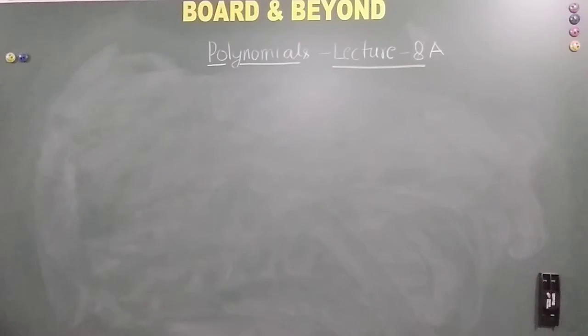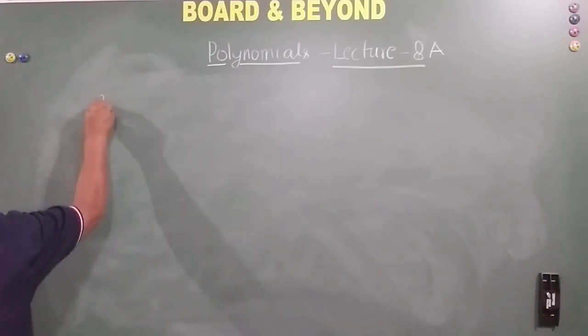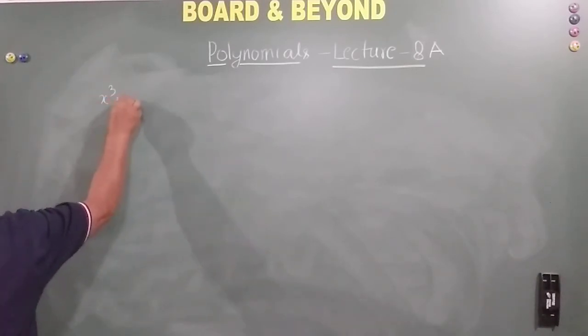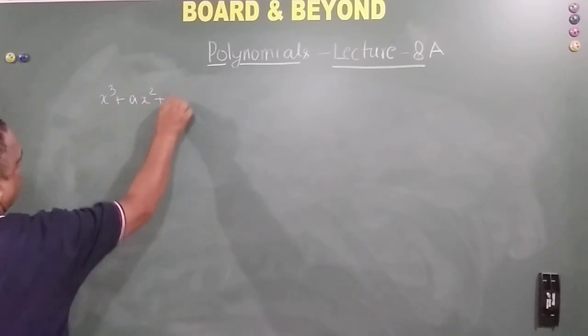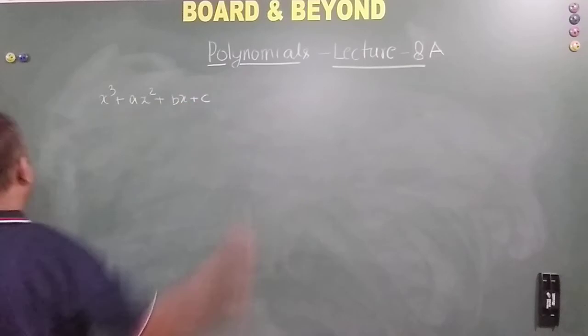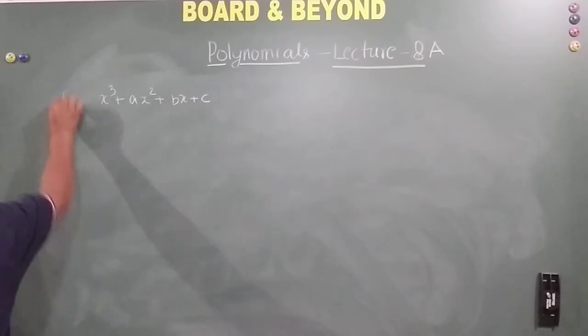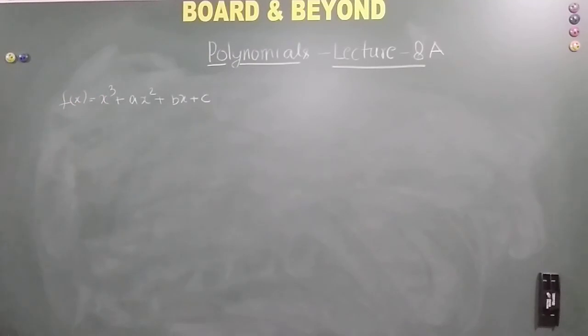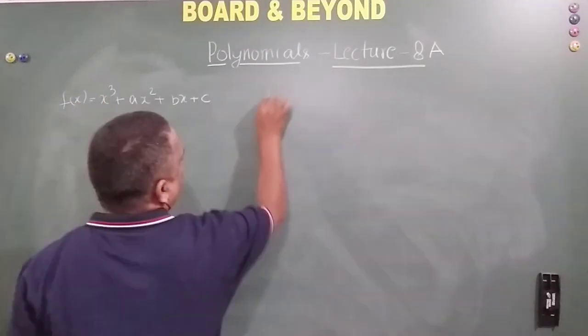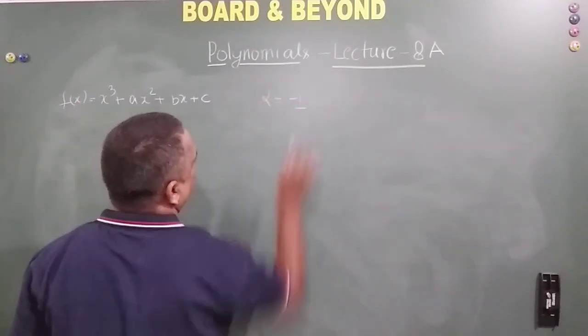One of the zeros of the cubic polynomial x cube plus ax square plus bx plus c. Okay, this is the cubic polynomial given to us. One zero is equal to minus 1, right?